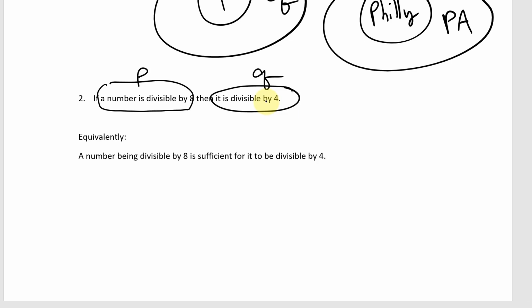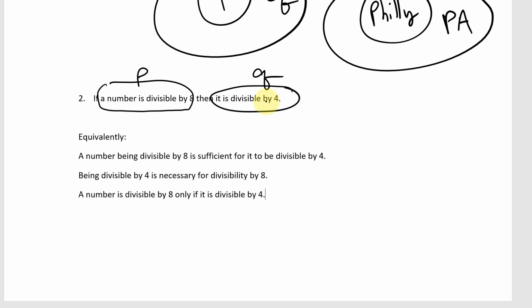I know that if something is divisible by 8, that is sufficient to know that it is also divisible by 4. So having divisibility by 4 is necessary for having divisibility by 8. That's equivalent, logically the same thing. And a number is divisible by 8 only if it is also divisible by 4. All of those are the same.